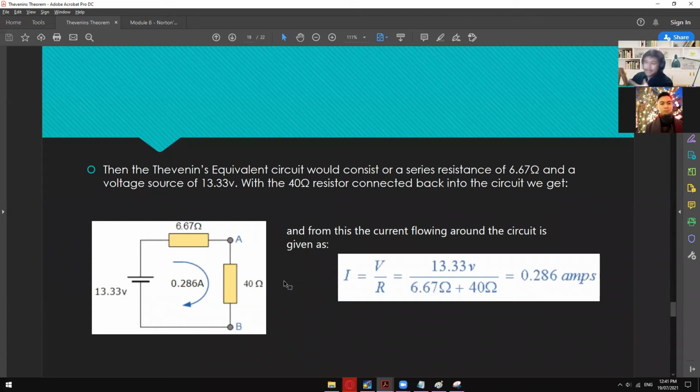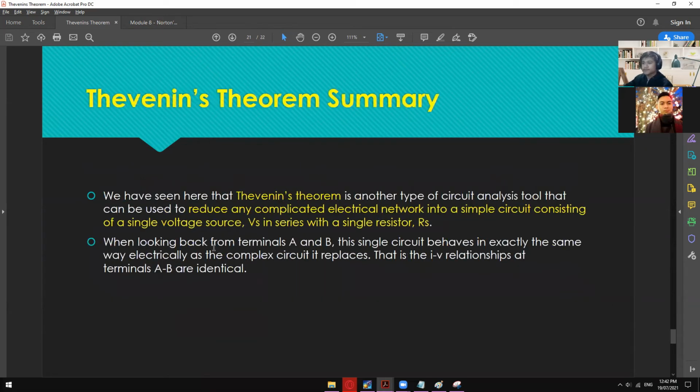So that's again the main advantage of using Thevenin's theorem. So you can replace this one without recomputing or recalculating all of your computations. And then you can recalculate again for the total current and so on and so forth.